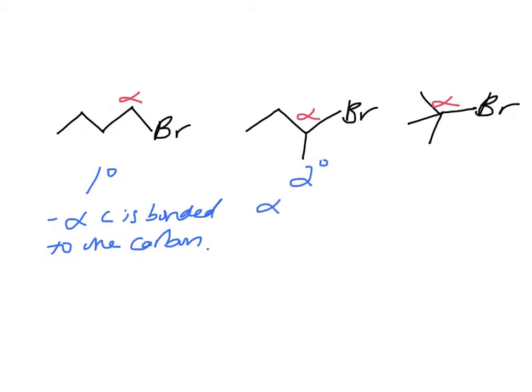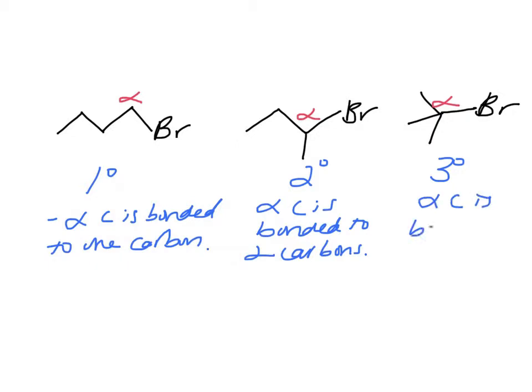Here the alpha carbon is bonded to two carbons. And finally, we have a tertiary alkyl halide where the alpha carbon is bonded to three carbons.